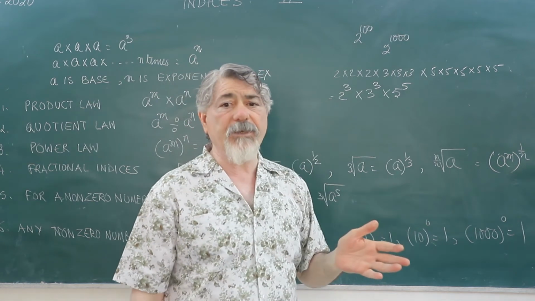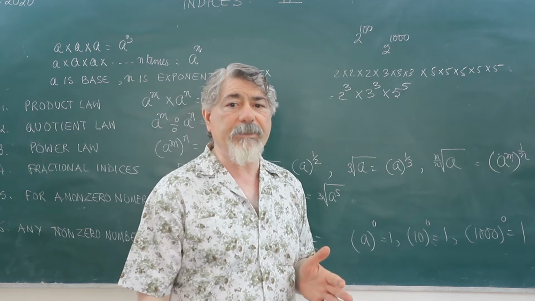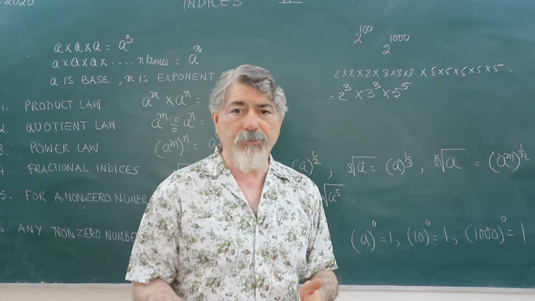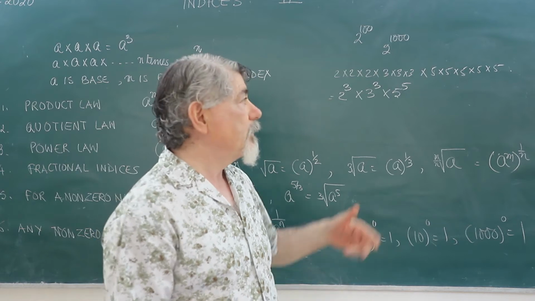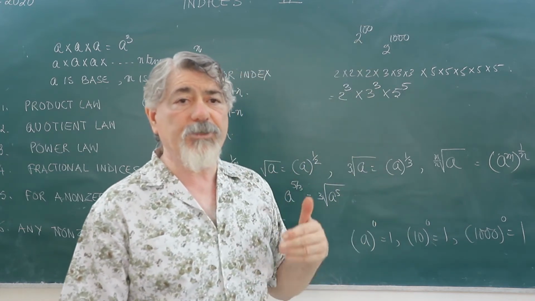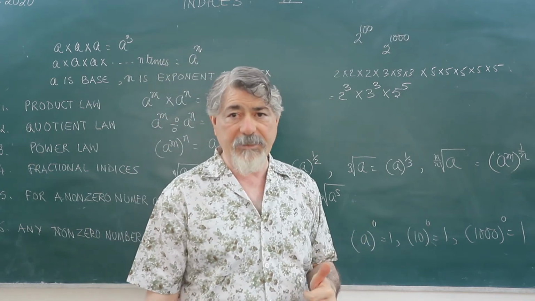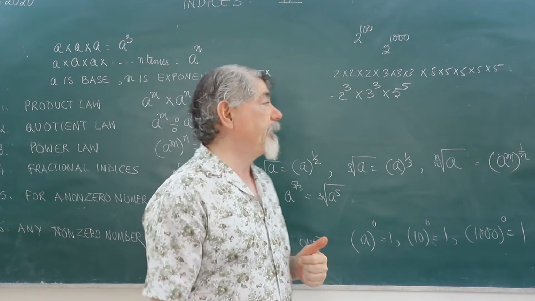There is a whole algebra of index which we are going to study. There are laws governing them, how we multiply, how we divide. We are going to study the algebra of indices now, because you are going to come across these things in mathematics and science, so we need to know them.